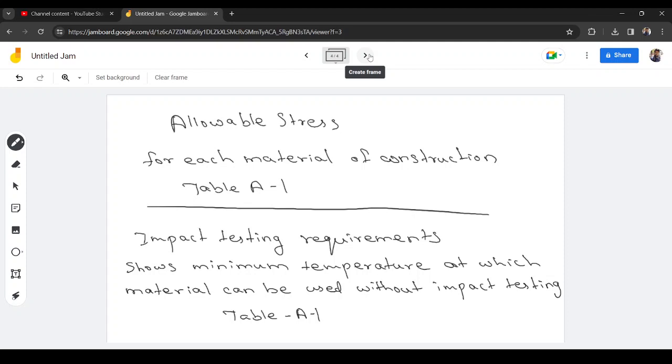In ASME B31.3, you have impact testing requirements. You have a table A1 that shows you the minimum temperature at which the material can be used without impact testing. Okay, so these are generally going to be the areas where the examination questions for API 570 ICP examination are going to arise, which takes into consideration the ASME B31.3 code.